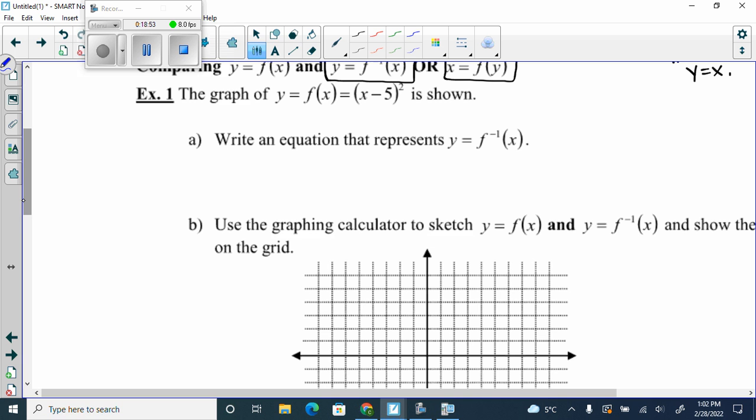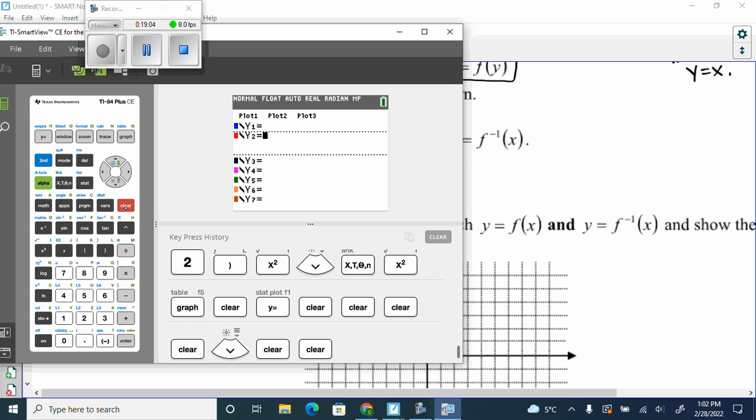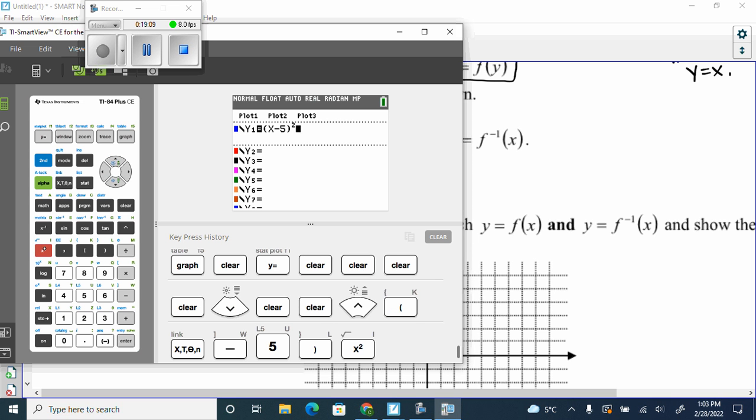So go into your calculator and go (x minus 5) squared, and then you're going to go zoom 6 because you might have a crazy polynomial window right now. Nothing shows up. You don't have an x then. Do you have x minus 5 or do you have x negative 5?